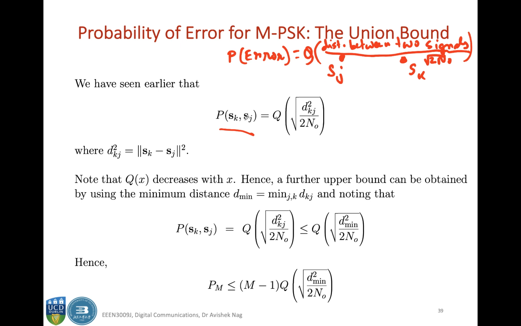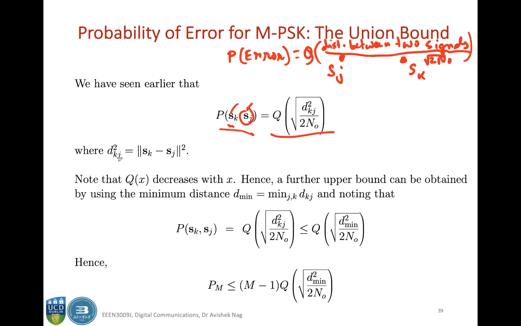If you just consider Sk and Sj, you have two signals, you sent Sk and you are choosing Sj, therefore making an error. This error is nothing but the Q function of the distance between the two signals divided by square root of 2N0. If you take everything under the square root, then you have d squared kj divided by 2N0.